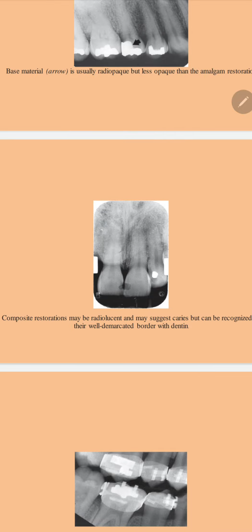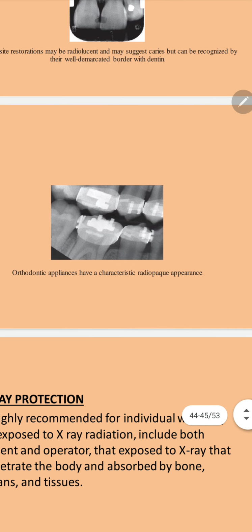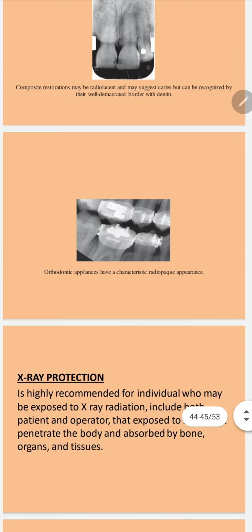Composite restoration may be radiolucent, and we can differentiate between the cavity and the caries by the well-demarcated outline of the cavity. Orthodontic appliances are characterized by a radiopaque appearance.